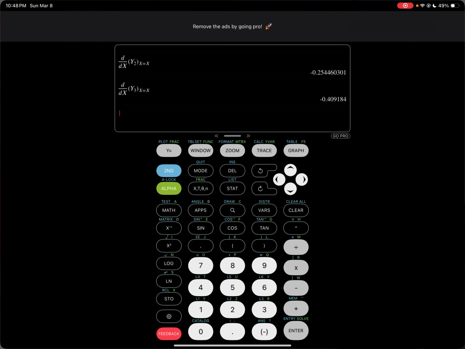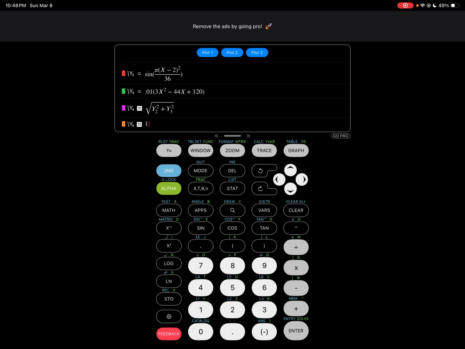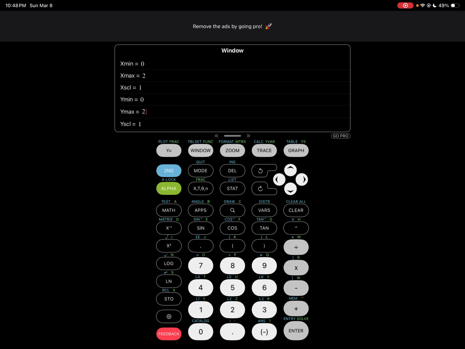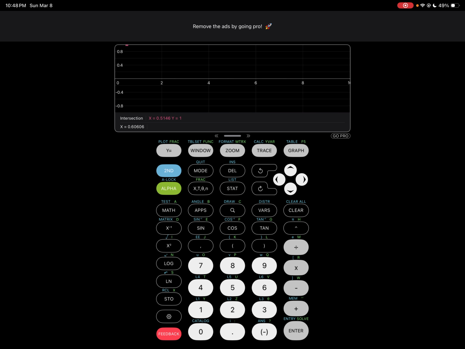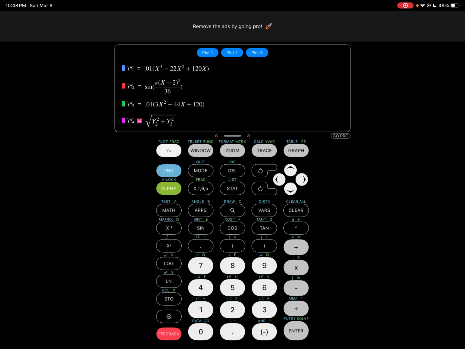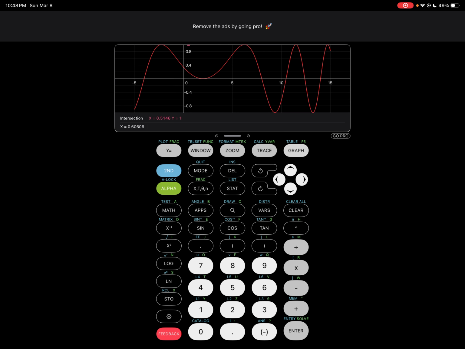Using our handy dandy calculator here, we already know that y2 is already my derivative. So I'm just going to go from 0 to 10 in this case and go from negative 1 to 1 because I want to see where I hit 0. Did I? Nope, I did not. Probably want to check that. Then graph it.